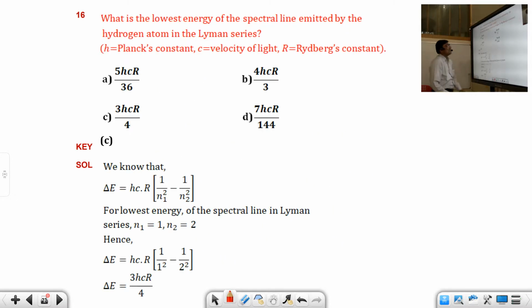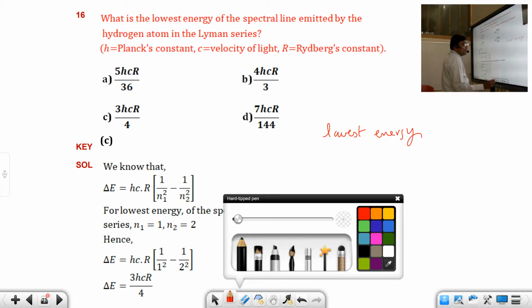Now let us solve another question. What is the lowest energy of the spectral line emitted by hydrogen atom in the Lyman series? So what is the question? Lowest energy. First write the concept here. Now, very simple students.